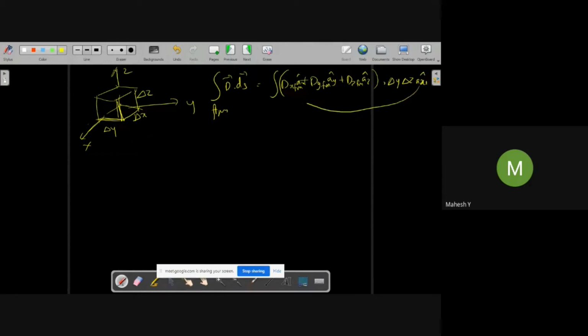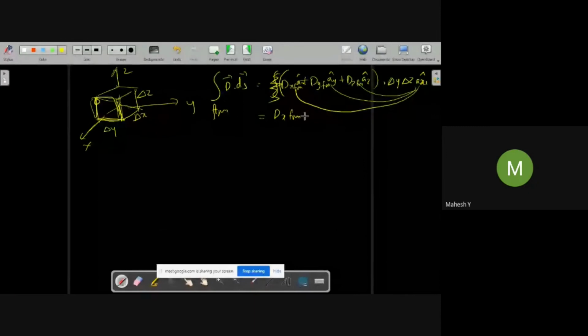So if you find the dot product, there is no need of integral because we are considering the entire area. Integration is needed if you consider a small element and integrate for the whole area. Now we are taking the total area, so integration is not required. So ax dot ax will be 1 and the other products will become 0. So what you have is dx front delta y delta z.